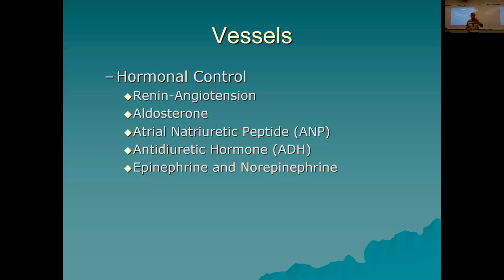We'll talk a lot more about that hormone in the urinary system when we get there, and how it works. Since it increases the reabsorption of water, your blood volume goes up, and so it also raises blood pressure like aldosterone does.